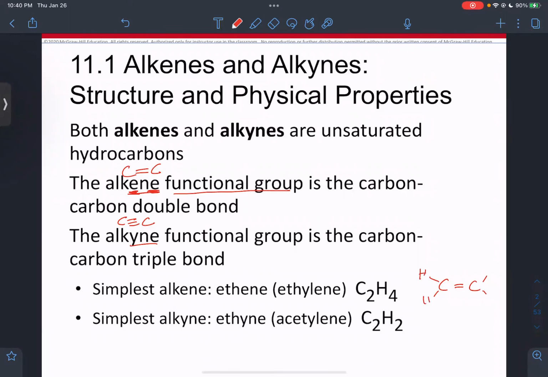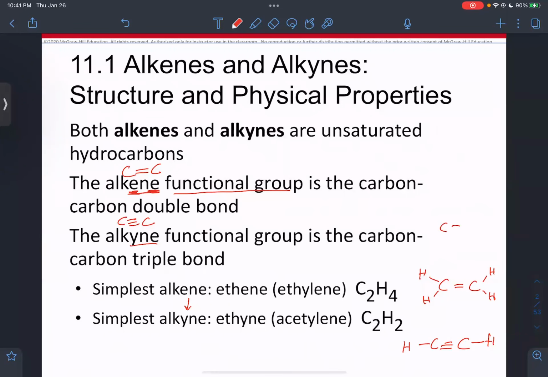Those two bonds are made by hydrogens, which give it the molecular formula C2H4. Now, if we go from the simplest alkene to the simplest alkyne, we're going to lose some more hydrogens, but gain another bond between the carbons. Now we have a triple bond, and each carbon only needs one more bond to complete its octet, so it would only have two hydrogens.